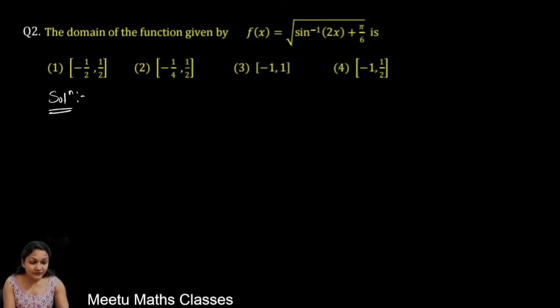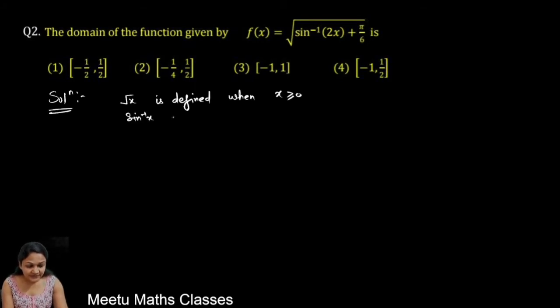The square root of x is defined when x must be greater than or equal to 0, and sine inverse x is defined when x is lying between minus 1 to 1.